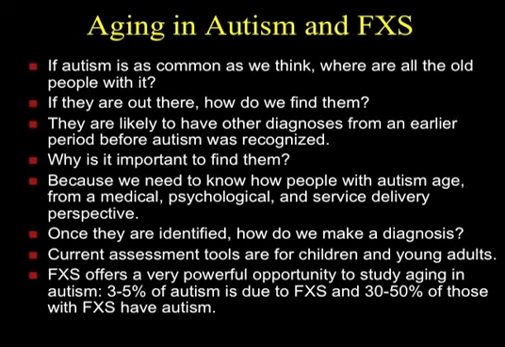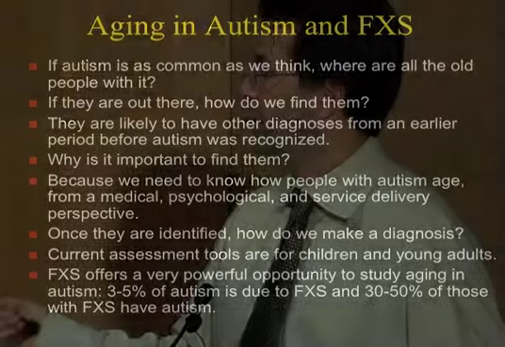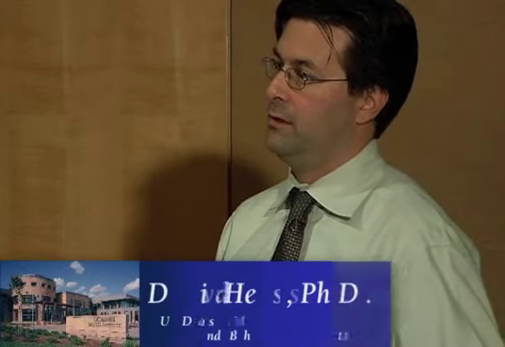We really have no idea what their needs are and how they're functioning. Another complication is, once they're identified, how do we make a diagnosis? Most of the tools that we have for diagnosing autism were developed for toddlers, school-age kids, and young adults. We don't really have anything validated yet to diagnose autism in an elderly person.